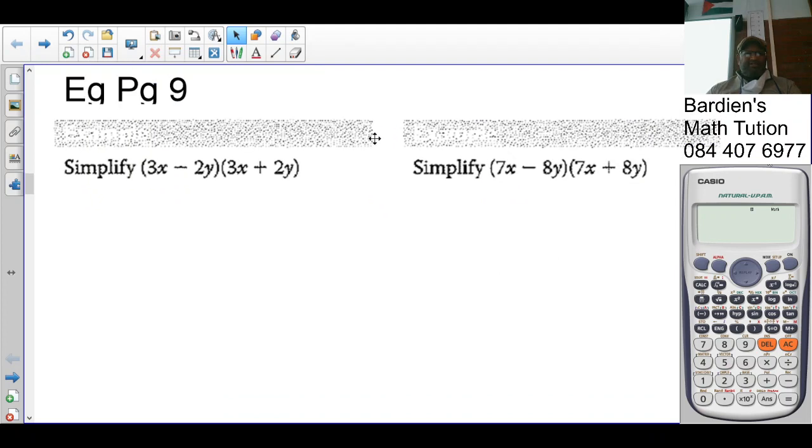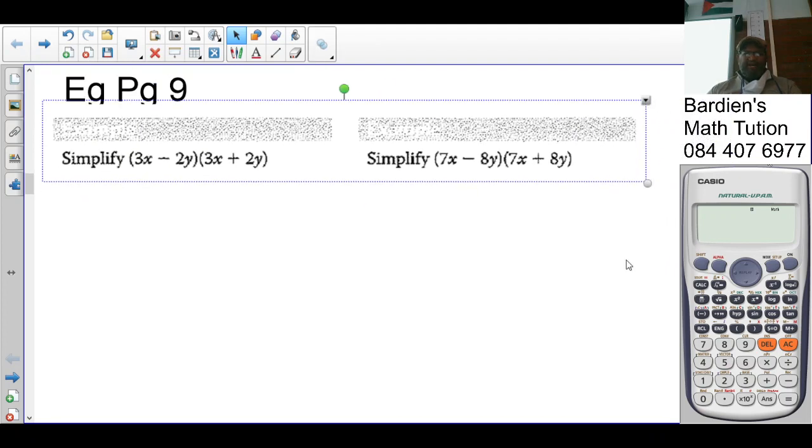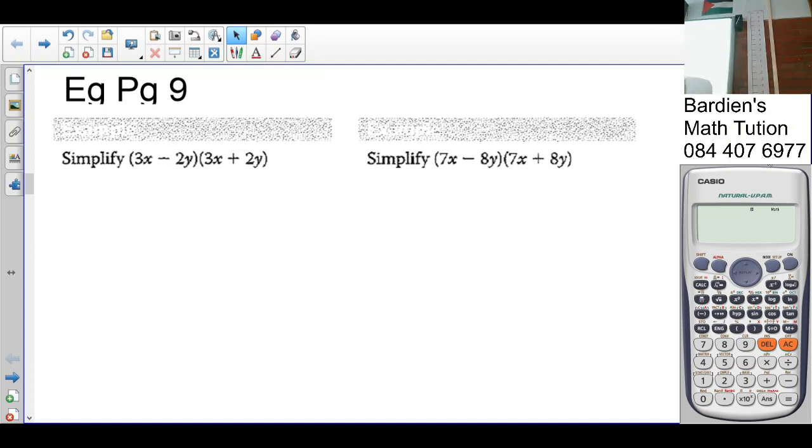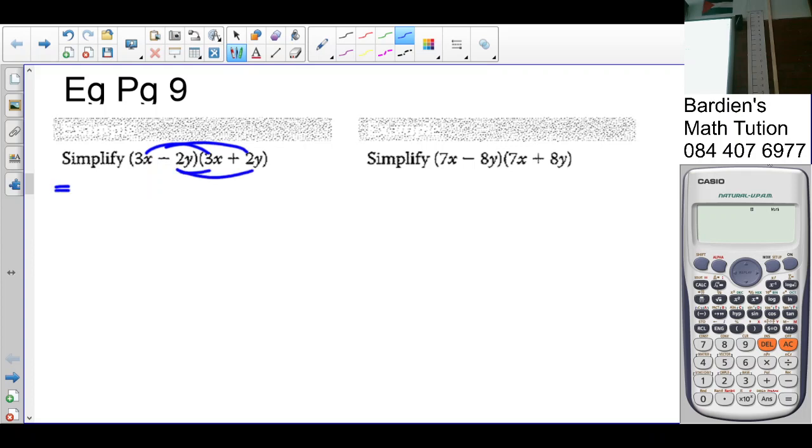Okay, so yesterday I explained that if you had applied the distributive law here, what you're going to get is 3x times 3x is going to give you 9x squared. 3x times 2y will give you positive 6xy.